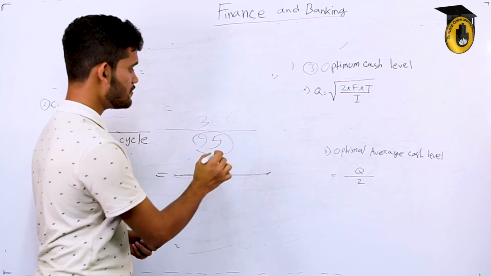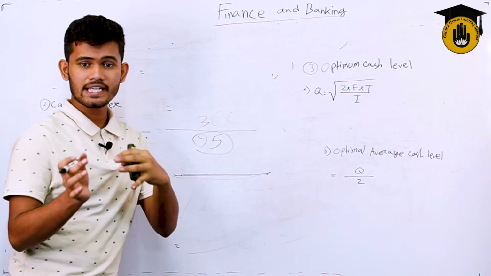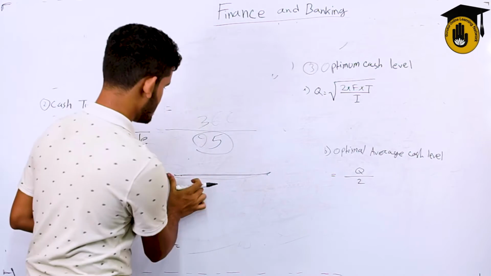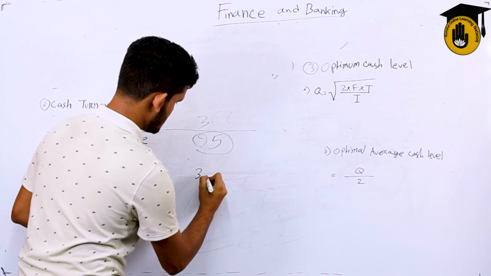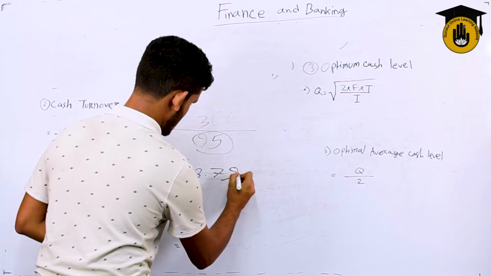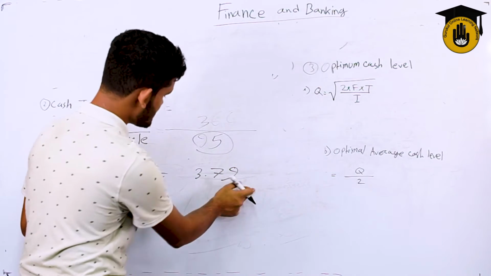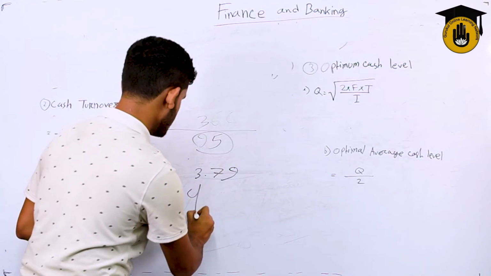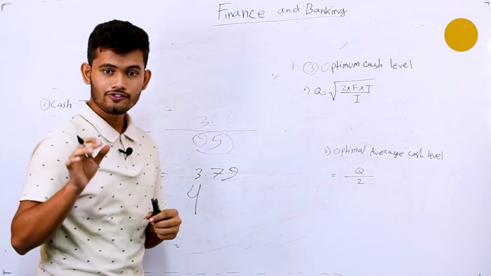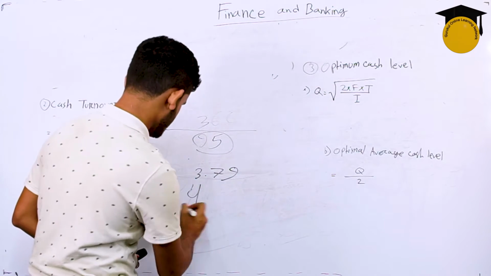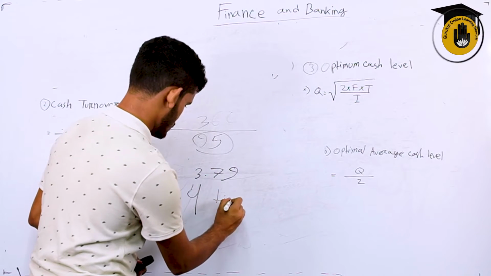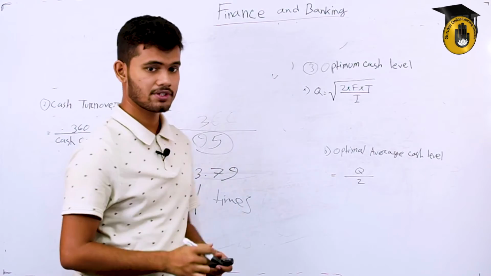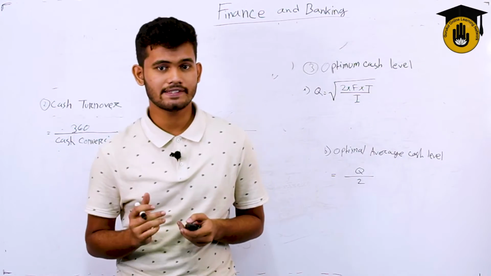Cash conversion cycle of 95 and 360, we will take it as a full year. 3.79. As it is more than 3.50, we will take it as simply 4 times in a year. 4 times. So that's as simple as that.